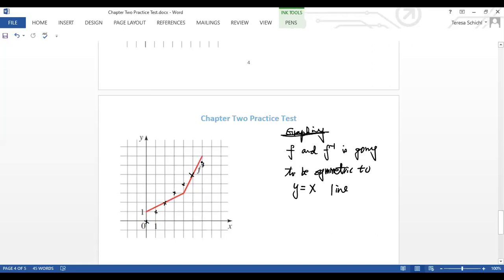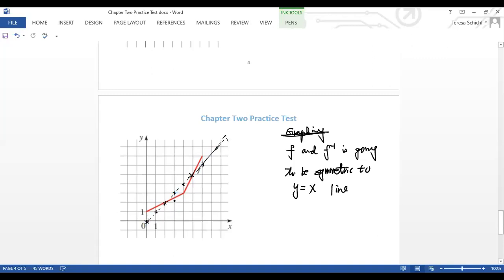So it's a line, and this graph is supposed to flip over it.